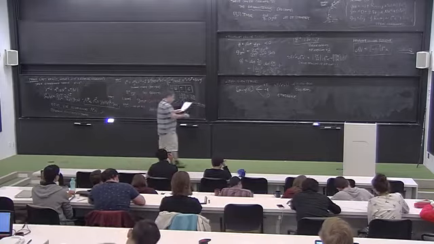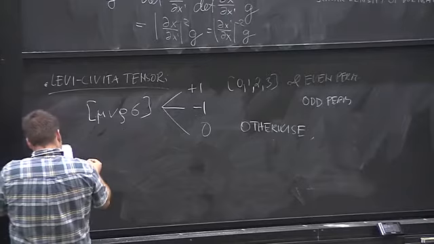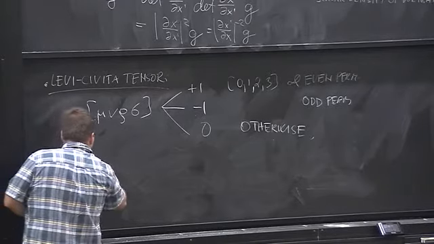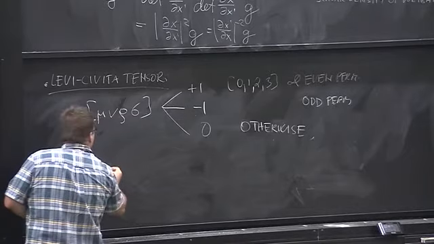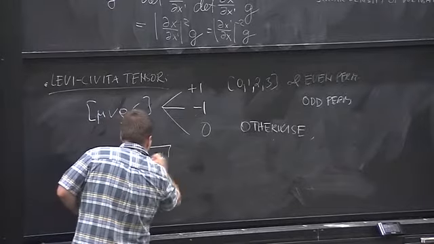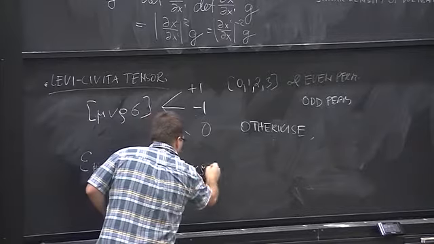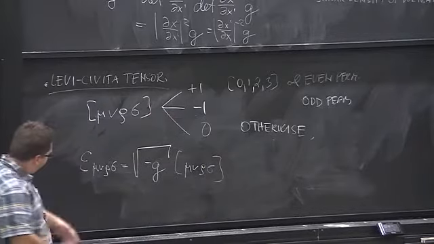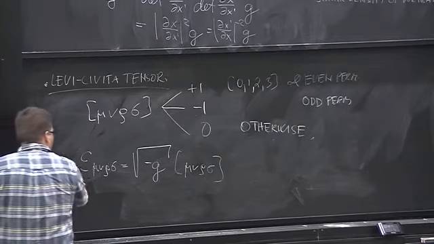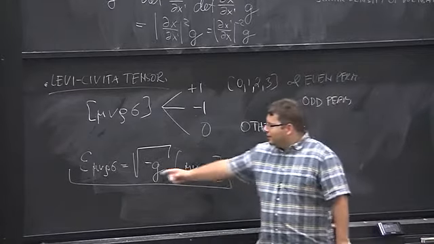So the right thing to define is that once you have this object here, you say that the Levi-Civita tensor, epsilon mu nu rho sigma, is equal to the square root of -g times this symbol mu nu rho sigma. And then you can check that this object already transforms as a tensor. Similarly, you can write it with indices up.